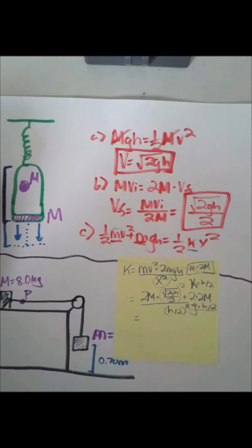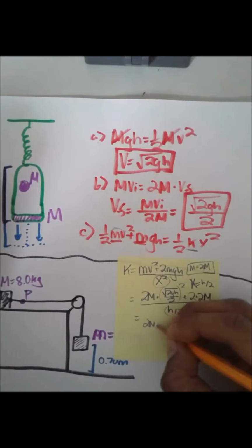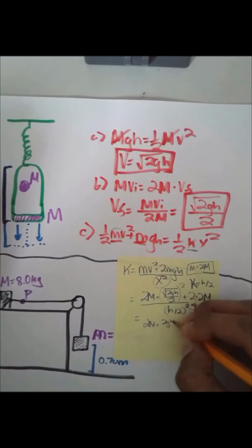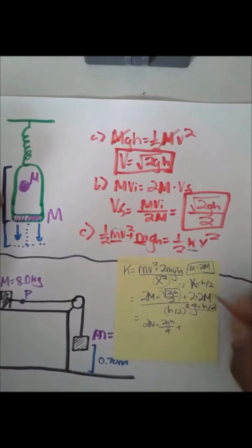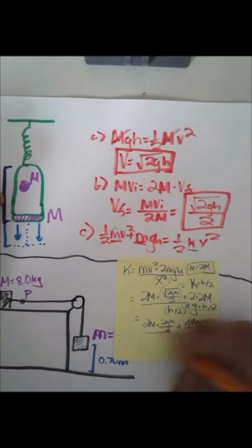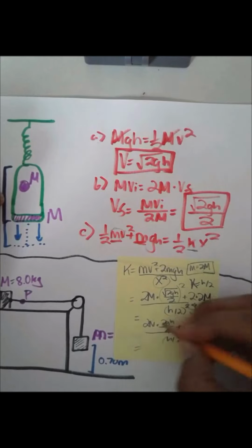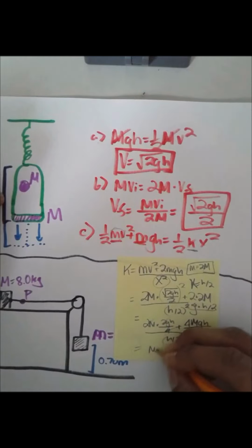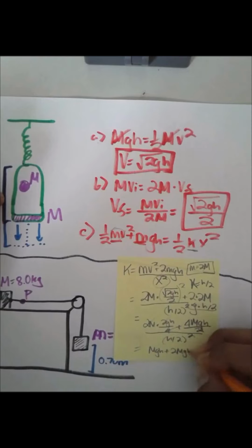Oh man, we've got a lot of algebra right now. So then you get 2m times 2gh over 4 plus 4m times gh over 2, all over h over 2 squared. So let's start to cancel things out. The 4s cancel, and we get mgh plus 2mgh over h squared divided by 4.